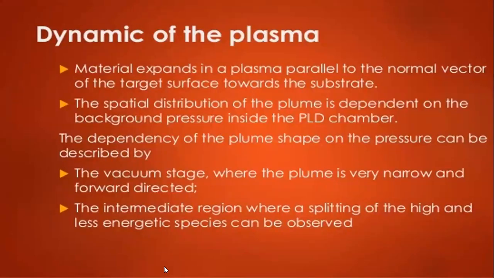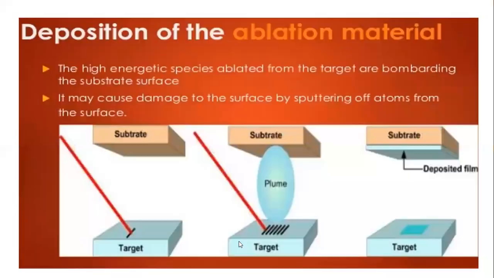The spatial distribution of the plume depends on the background pressure inside the pulsed laser deposition chamber. The dependency of the plume shape on the pressure can be described by the vacuum stage, so we can manage the plume using the vacuum stage, where the plume is very narrow and forward directed. In the intermediate region, the splitting of high and less energetic species can be observed.